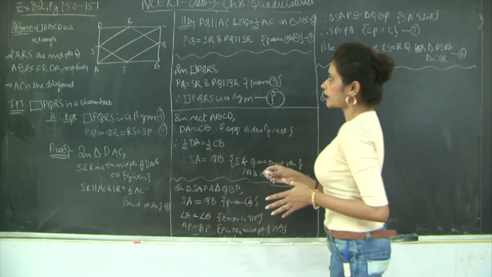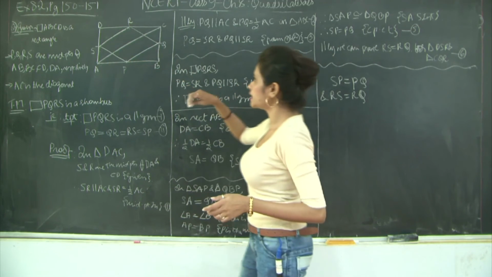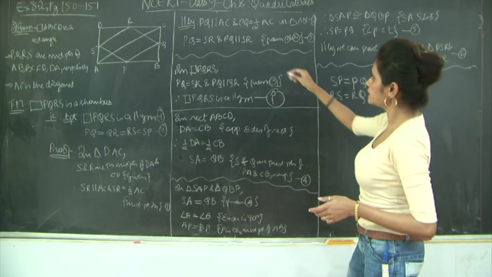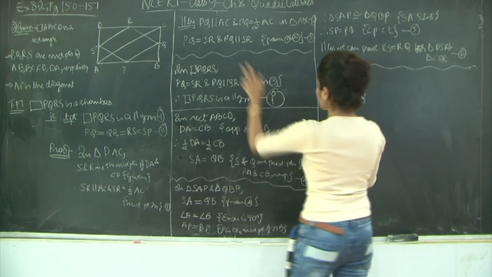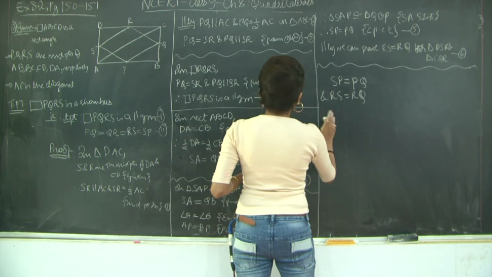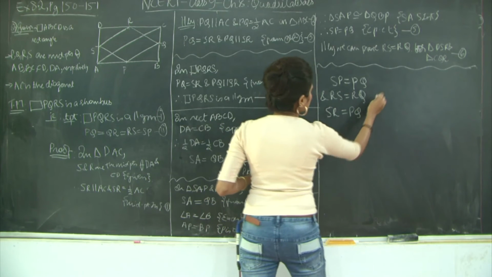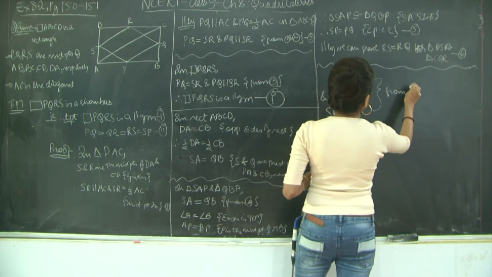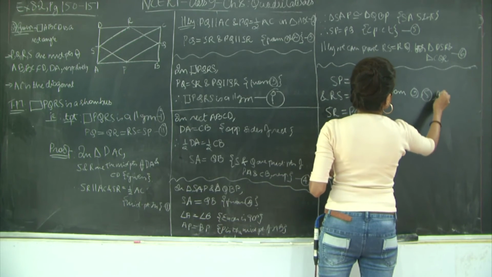But let's take a look at parallelogram PQRS. We already have that SR is equal to PQ. Where have we written this? SR is equal to PQ from point number 3. So let's write this point as well, that SR is equal to PQ. So these statements are from 3, 5 and 6.